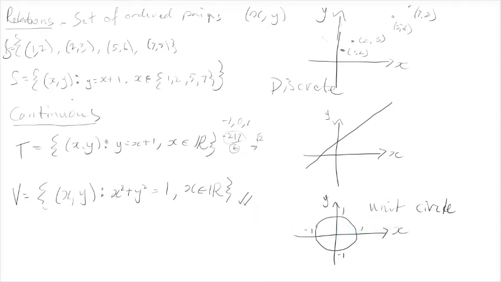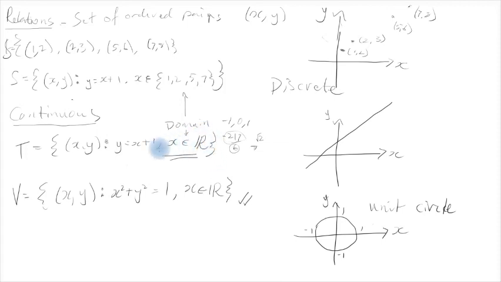Alright, well, maybe I'll stop it there. No, actually I won't. There's one last thing, which is to say that in cases like this one, where it says that x is within R, in other words, that's the domain that we've mentioned already. Domain is the possible x values, so here's this domain, and here's this domain. When the domain is the set of real numbers, that's sort of the default domain.